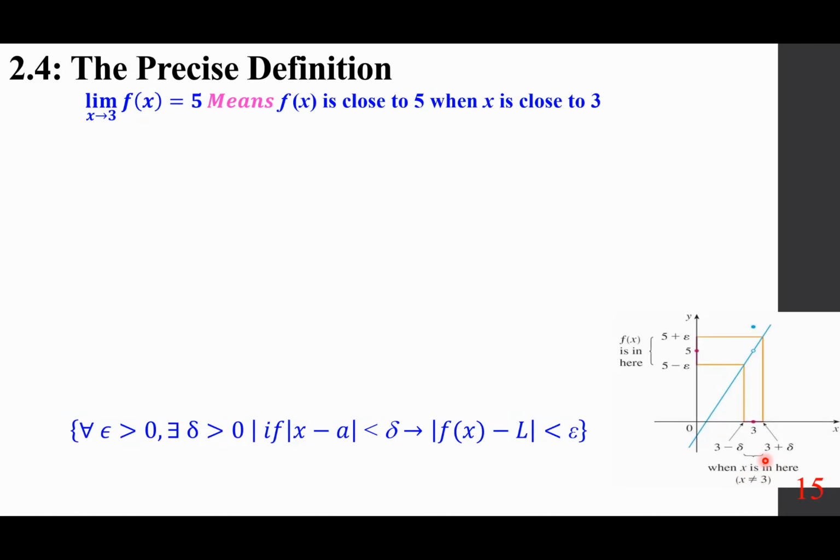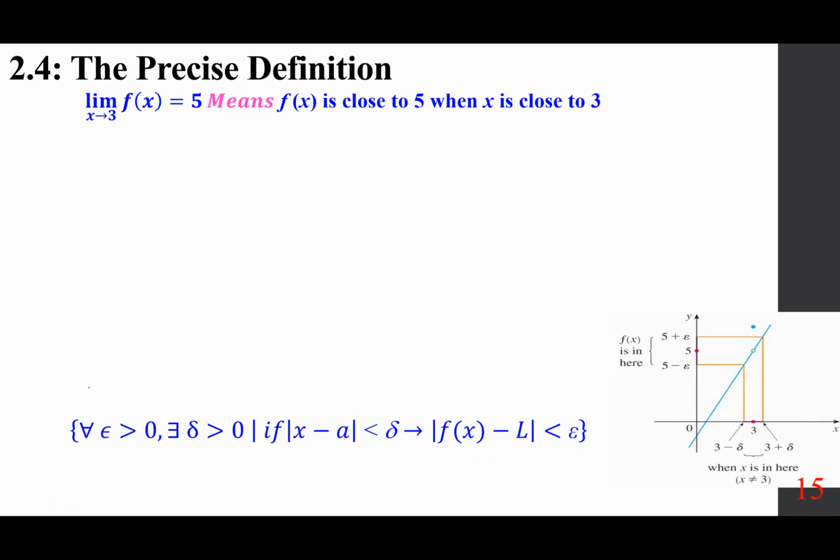So the formal definition, using mathematical symbols, is read: for every epsilon larger than 0 there exists delta larger than 0, such that if the absolute value of x minus a is less than delta, then the absolute value of f of x minus L is less than epsilon. So I write this, and then I need this space, so I'm going to erase it.